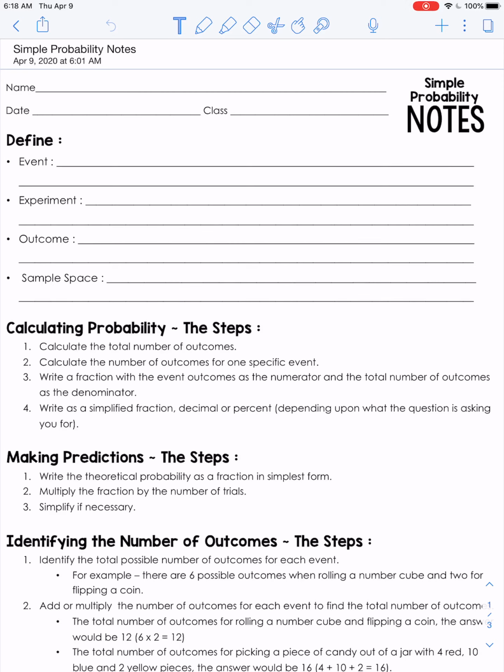Okay, today we are on our second lesson of probability, and we're going to be looking at simple probability. So, an event in probability is a set of outcomes of an experiment.